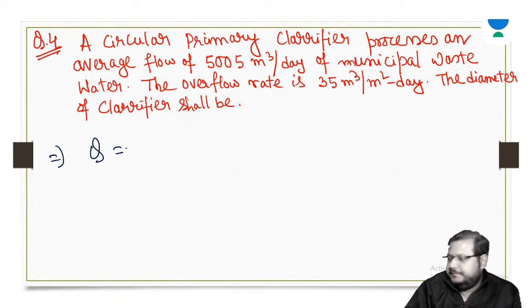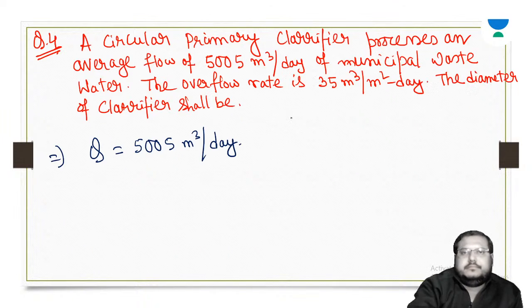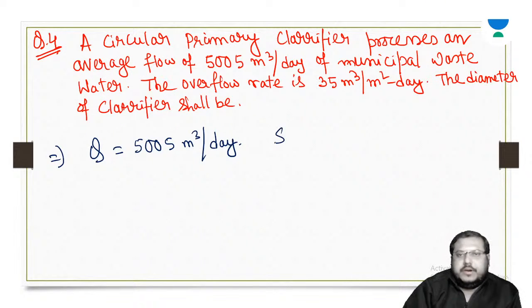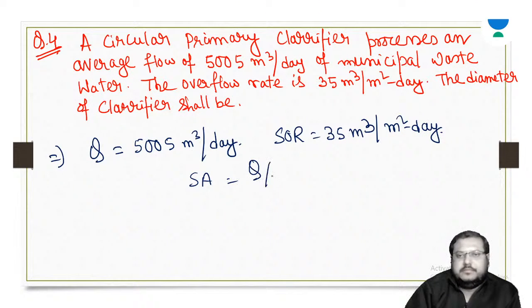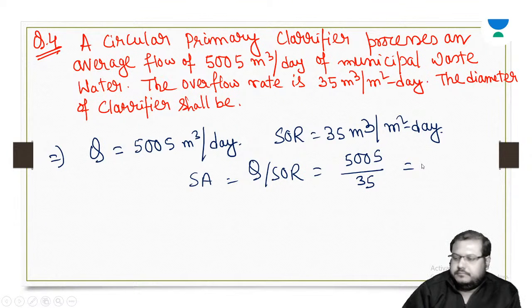So Q is given as 5005 meter cube per day. Overflow rate is given as 35 meter cube per meter square day. So surface area will be Q by SOR, 5005 by 35, 143 meter square.